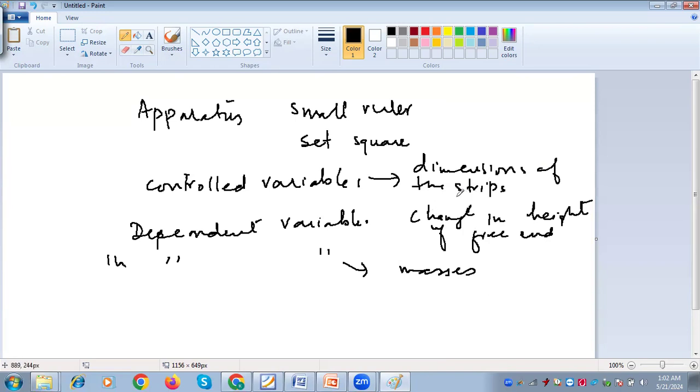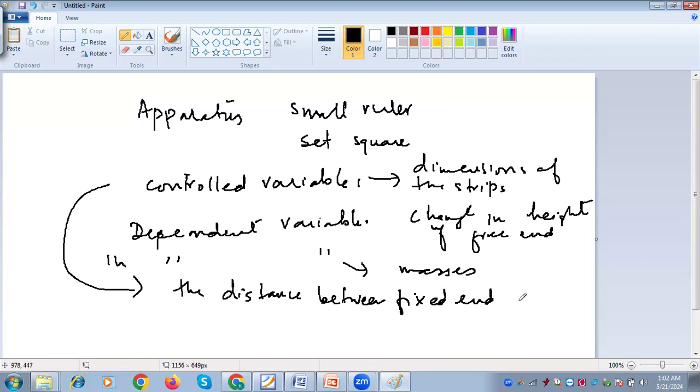Besides this, you should keep the distance between the fixed end and the point where the mass is hung fixed. The masses are not a constant quantity, because you have to vary the masses. You have to increase the mass, and every time you note down the bending.